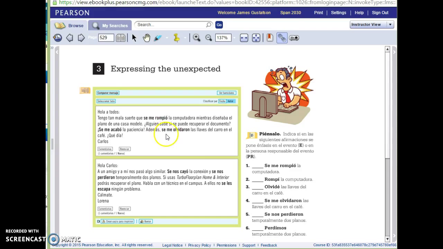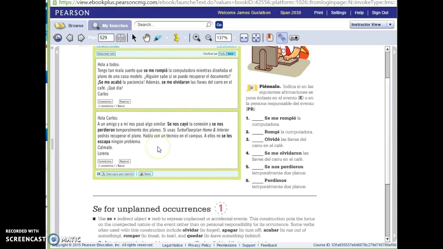So down here, "además se me olvidaron las llaves." So the keys forgot themselves on me. Rather than saying I forgot the keys, you say the keys forgot themselves on me. All right. "A un amigo y a mí nos pasó algo similar." So something similar happened to me and a friend.